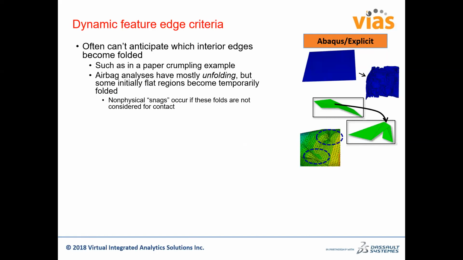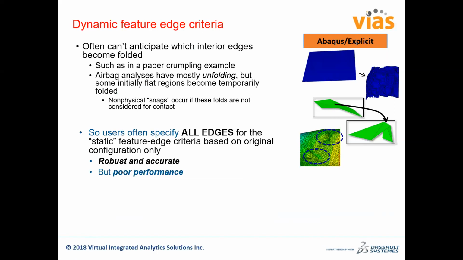Till the 2017 version, these edges remained constant, and newly created edges, because of a simulation like this paper fold, where as the paper folds a lot of newly created edges come into the picture, and these edges will also tend to contact with existing surfaces or existing edges.